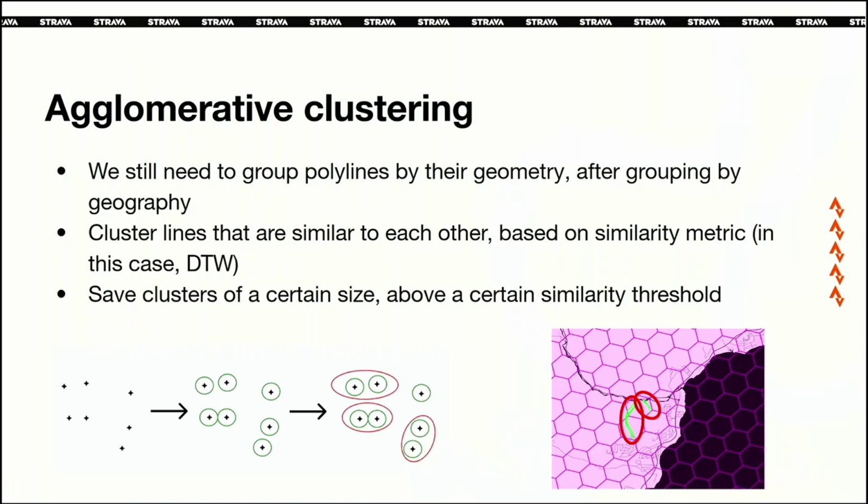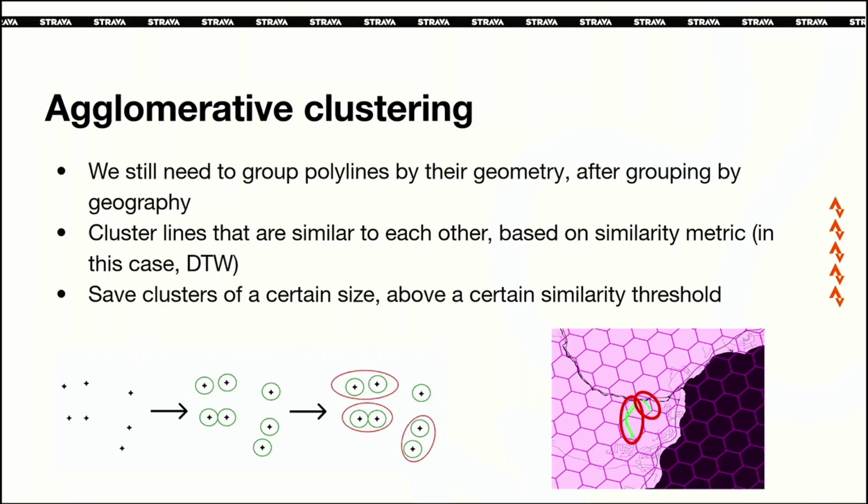So now we have similarities between polylines close together geographically. We can group them by geometry to figure out which polylines are associated with a particular new section of road. The point of agglomerative clustering is to get groups of polylines that, as indicated on the right here, are grouped geographically, but not yet grouped by geometry.